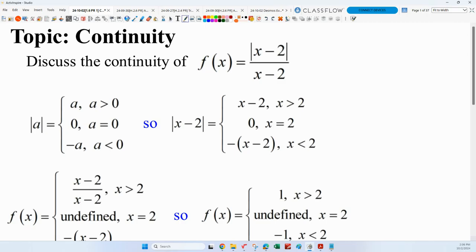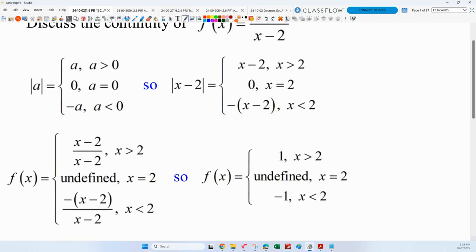Well, when x is greater than 2, right? And it's the opposite of x minus 2 whenever x is less than 2. And so then we could take this piecewise function and divide each part of it by x minus 2 to come up with our function, right?